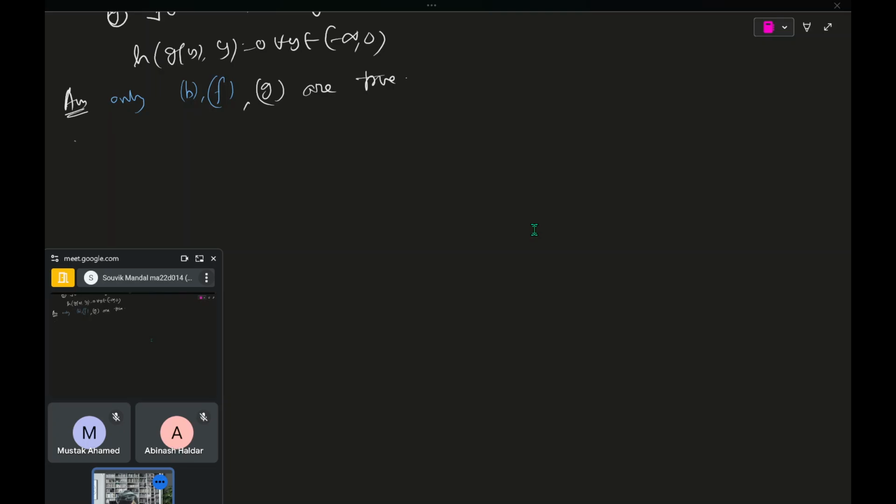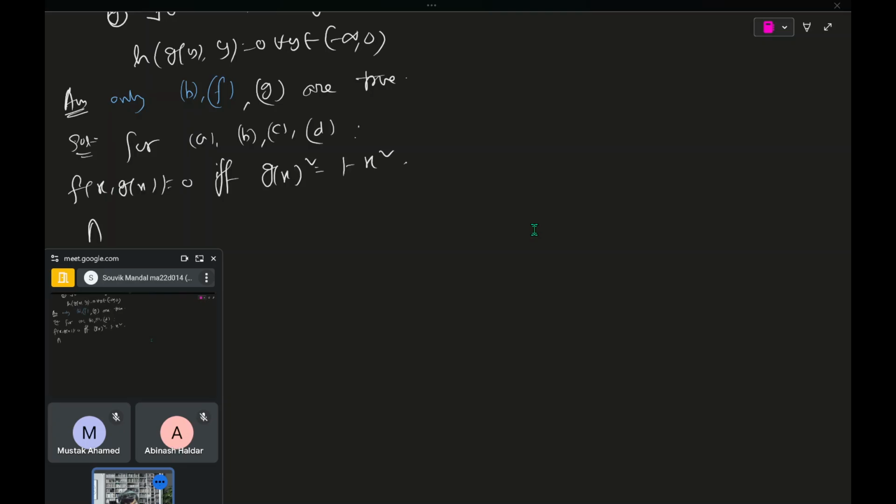So for A, B, C, D, f of (x, g(x)) equals 0 happens if and only if g(x) whole square is equal to 1 minus x square, and a solution exists only if mod x is at most 1. So f of (x, g(x)) equals 0 if and only if g(x) equals plus or minus the square root of 1 minus x square.